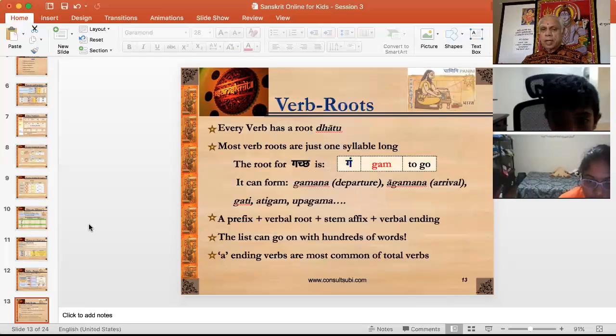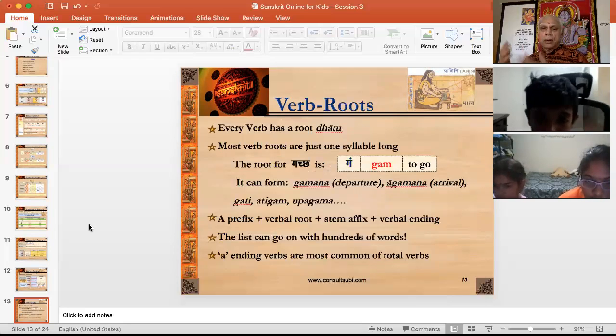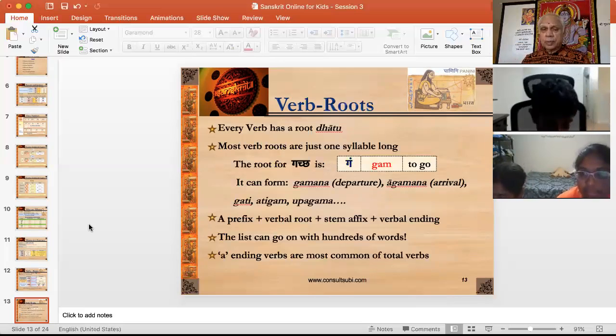From gam come so many other words like gamana, which is departure. The opposite word is agamana, which means arrival. You see adhikam. Adhikam means excess, right? That's also coming from the root gam. Upagama, gati. All these are coming from the root called gam.